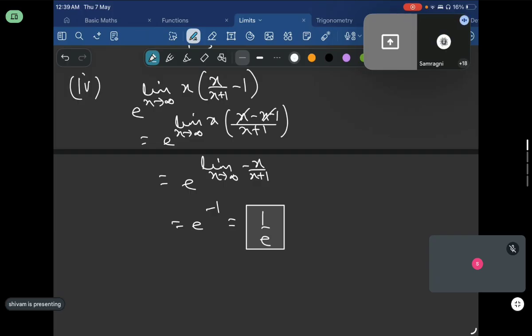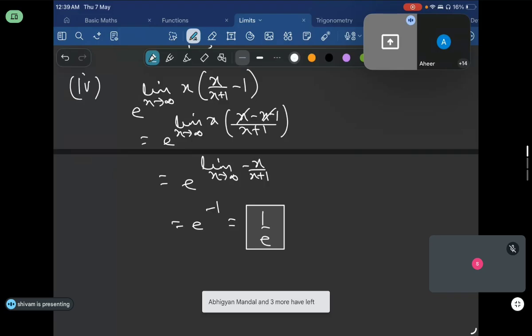Sir, can I ask my doubts on Friday only? Tomorrow I have school, so actually on Friday I might not be able to conduct the doubt class. There might be a problem. So okay, sir, I'm sending you my doubt. How many are there? Right now there is only one.